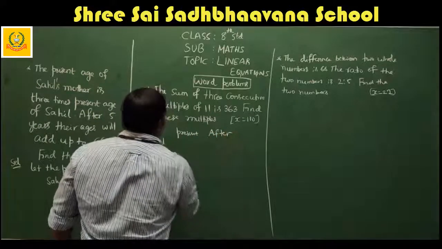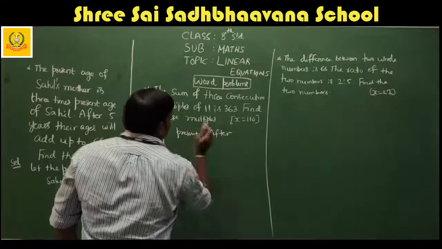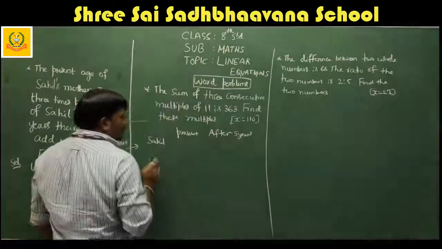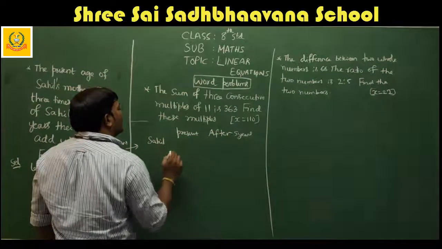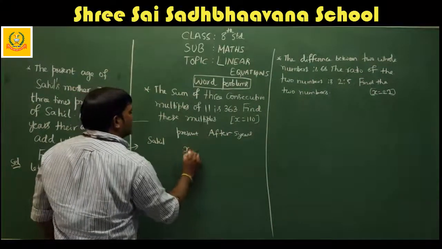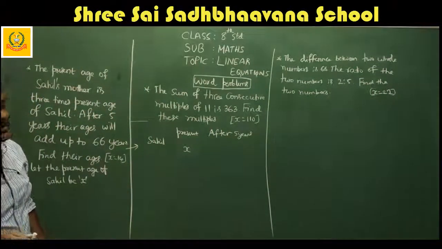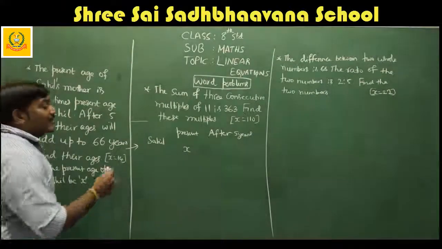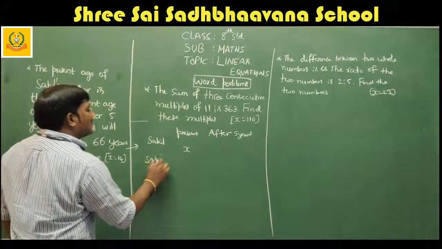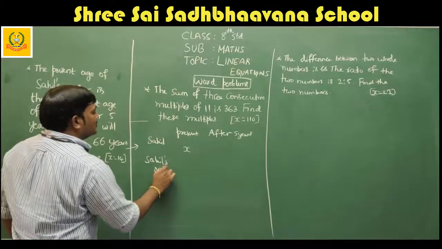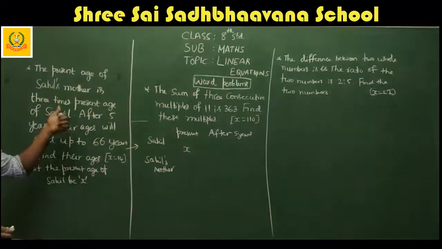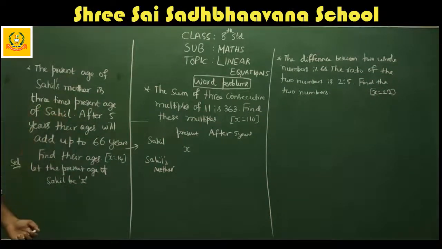Remember, this is not the solution of this sum. After 5 years. Now, the present age of Sahil is x. I already assumed that Sahil's age is x. What will be Sahil's mother's age? Sahil's mother's age is 3 times the present age of Sahil.